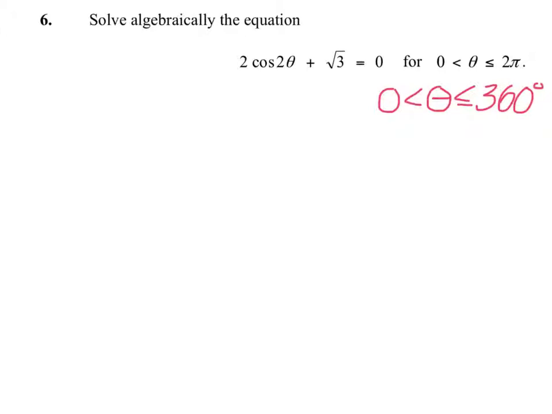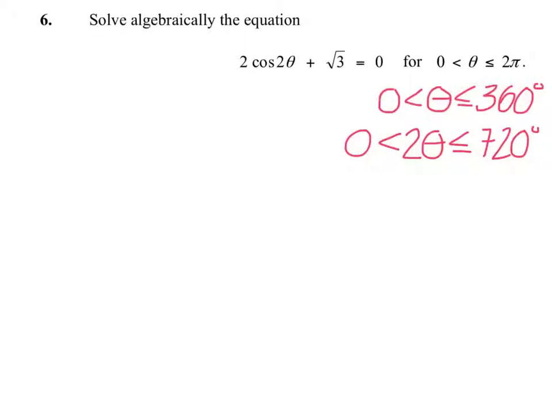Now if we look carefully at our equation, we can see it's actually 2 theta in here, which means we should rewrite our interval to make things simpler. That means our answers will come between 0 and 720 degrees in the first instance, just by doubling. 2 zeros are 0, and 2 times 360 is 720.